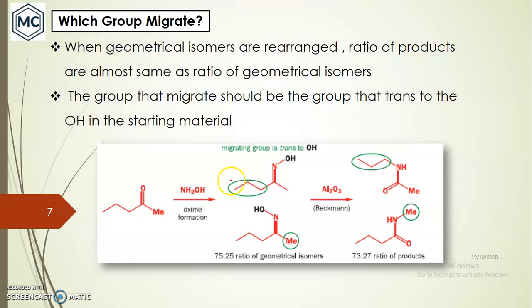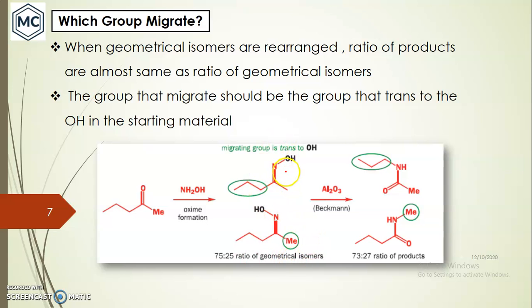And if you are using such a mixture, which is obtained from this ketone in the presence of hydroxylamine, the ratio of the products is 75 to 25.